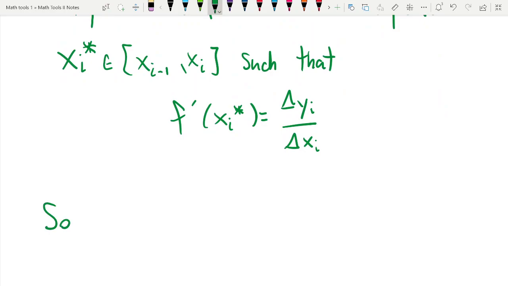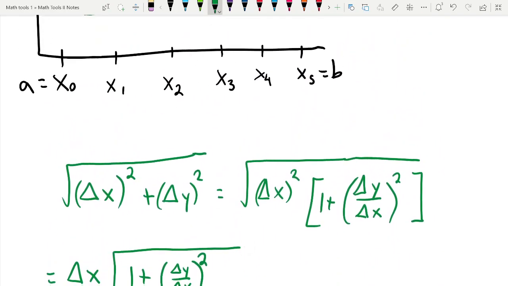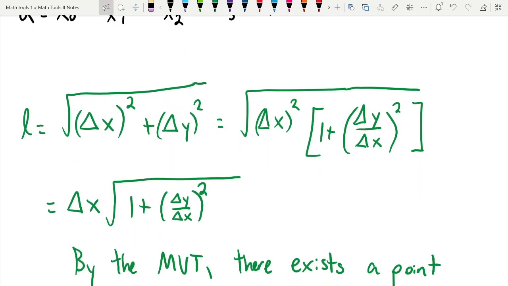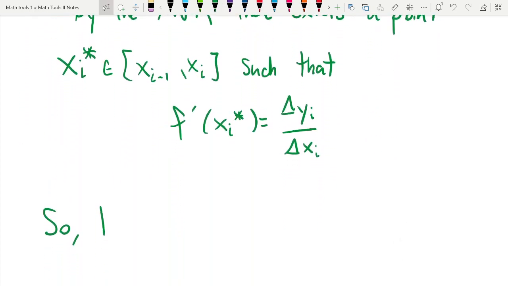So let's call this up here, let's call it L. We'll use a cursive L here, just so that we don't have to rewrite the whole thing.